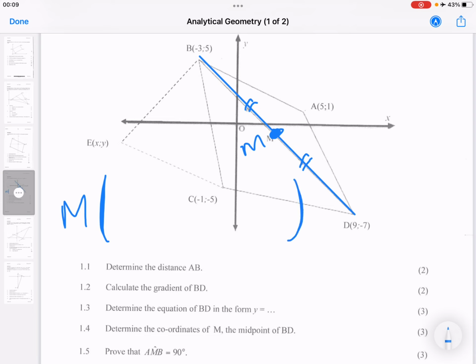Then you can have your x1 that you need to add to your x2. You divide it by 2. You do the same for the y values. Y1, you add it to y2, divided by 2. Obviously, x1 could be the x value at B, and then the x value at D. You do the same there, the x value at B, the x value at D. That's how you calculate the coordinates of M being the midpoint of BD.